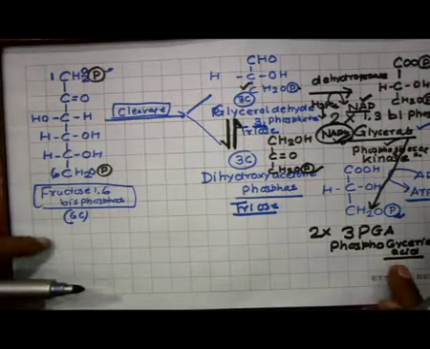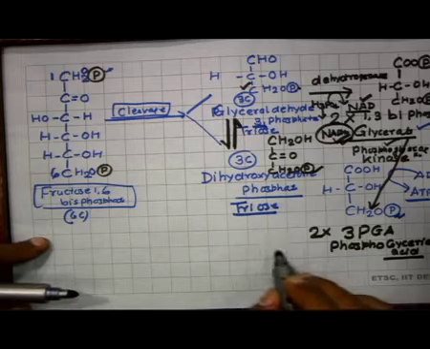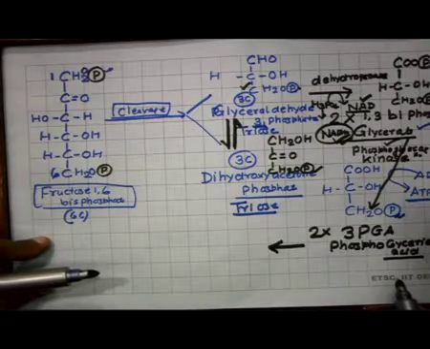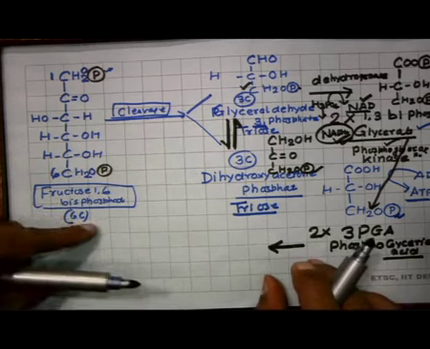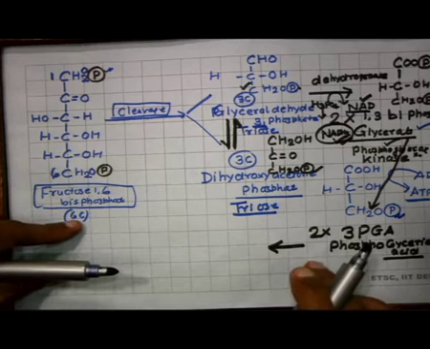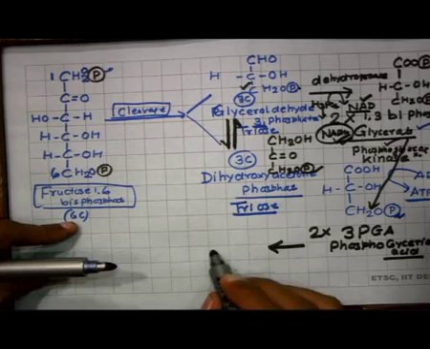And the further reaction is with this 3 PGA. Now, this 3 phosphoglyceric acid molecule is converted into 2 PGA.